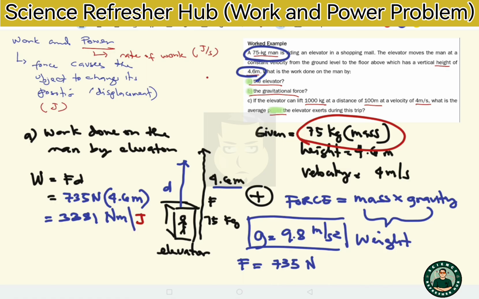Newton meter or joule. To avoid confusion, you can also just write it as joule. Okay? So this is going to be the work done by the elevator to the man, or the elevator does a positive work of 3,381 joules to the man. Okay, our answer is 3,381 joules. That's a positive work.